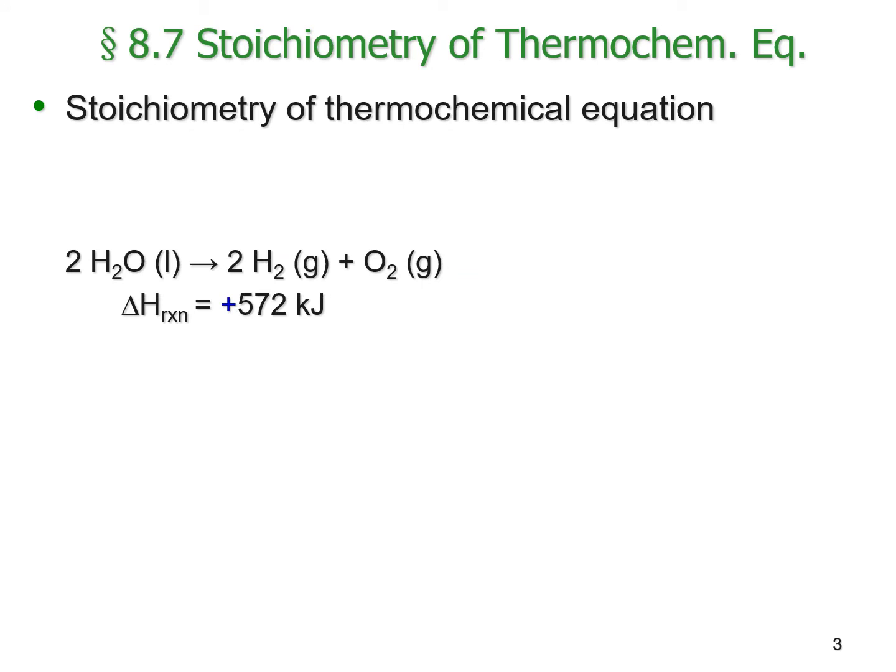Now, let's think about the stoichiometry of the thermochemical equation, because whenever we have a balanced chemical equation, there will always be a stoichiometry involved. If you look at this example, we try to decompose water into hydrogen and oxygen. We understand the heat now is a positive 572 kilojoules.